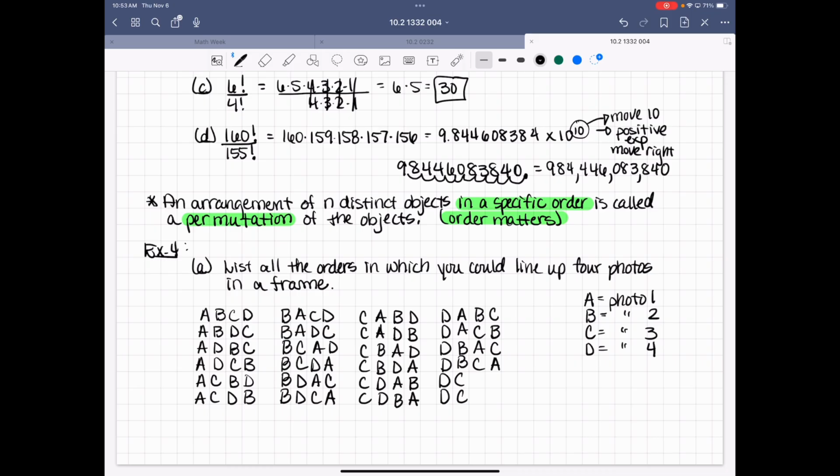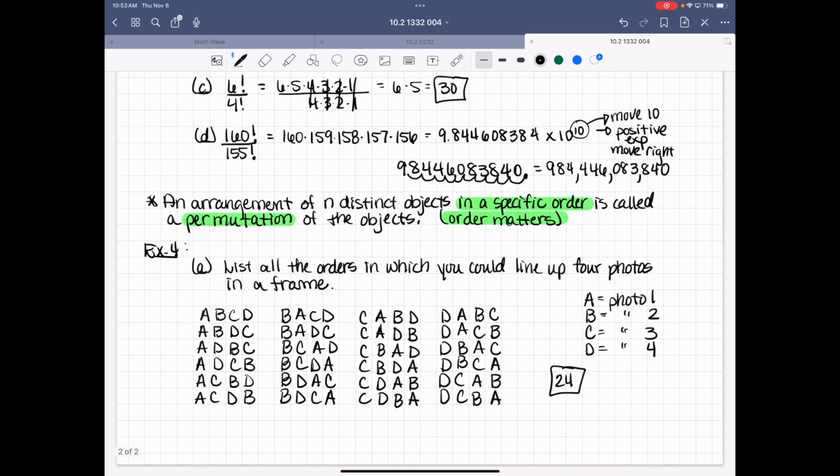Okay, let's see, I'm on C, so that means I have AB and BA. That's all of them, guys. How many are there? A lot. There's just 24, okay? So there's 24 different ways I could arrange those 4 photos in that frame, okay?